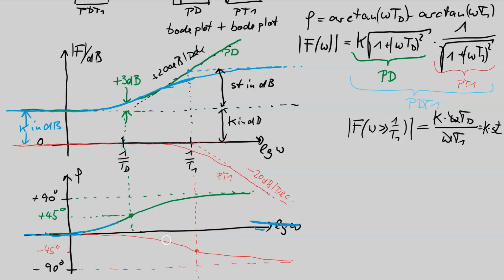but here starts the negative value of the PT1, so this will be a little bit deeper than green. Yeah, and we can say the phase curves have the same shape, and if we add this green with the red curve, we can prove mathematically that directly in the middle between these corner frequencies we have a maximum, and we get a symmetrical curve which goes up here and here goes down with a maximum value at which frequency.